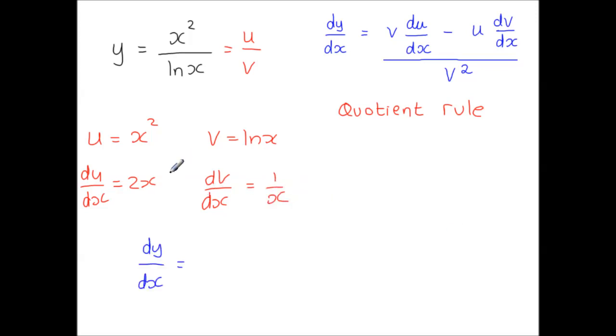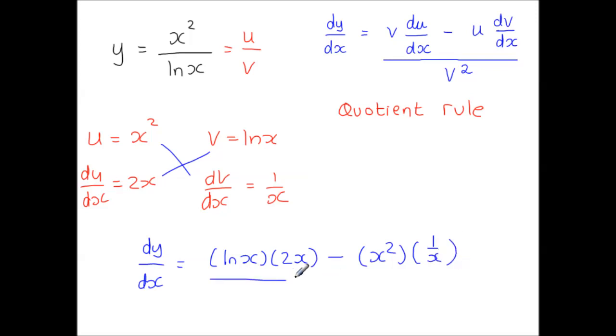And then cross multiply. That's always a minus here. Cross multiply. All divided by v squared. This is v, so v squared is the log term in brackets squared, like this.